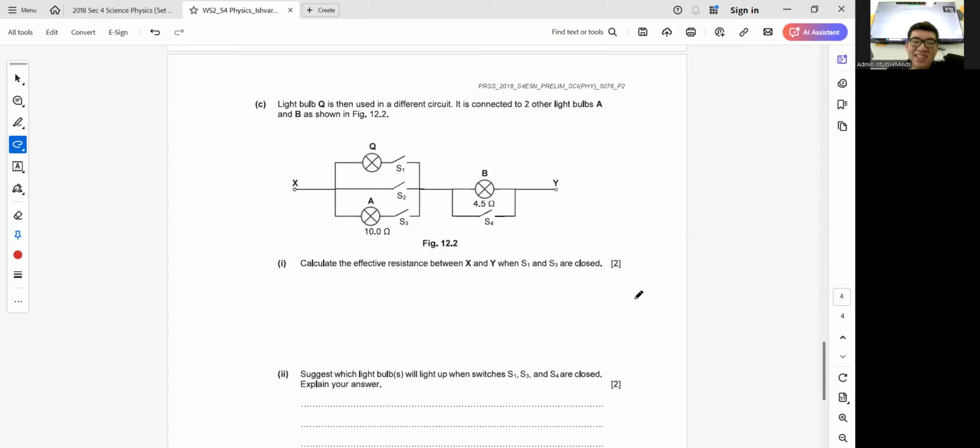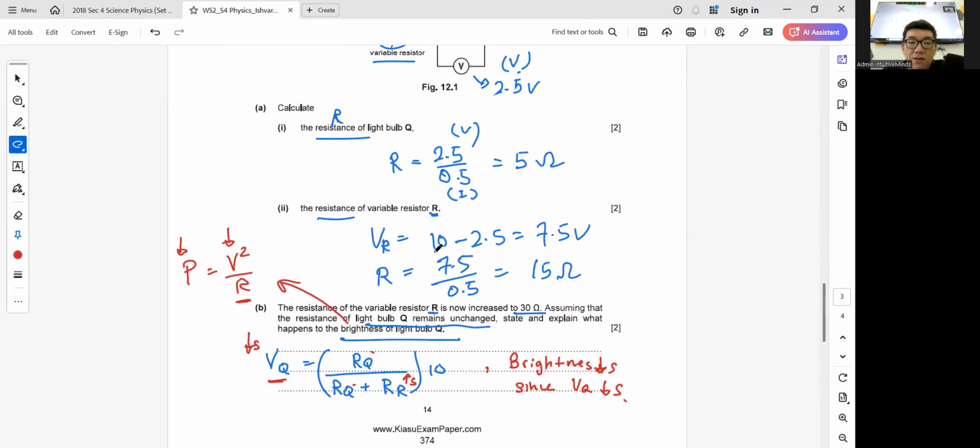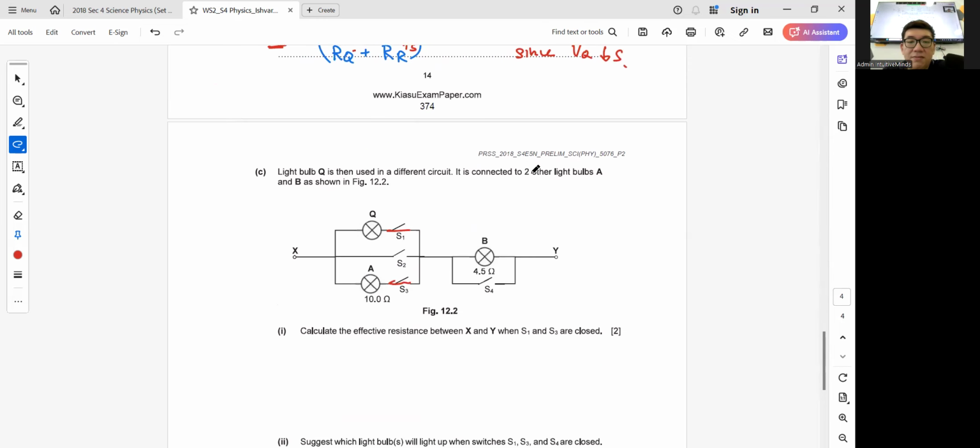What's the answer for this? Put 1 over 10 plus 1 over 4. If your answer is not 4.5, wait, S1, S3. Okay. You say it's 1.5. So if these two are closed, what is the light bulb Q's resistance? 5, right?